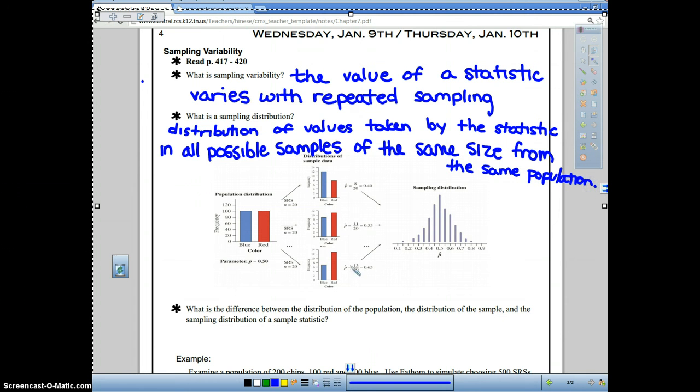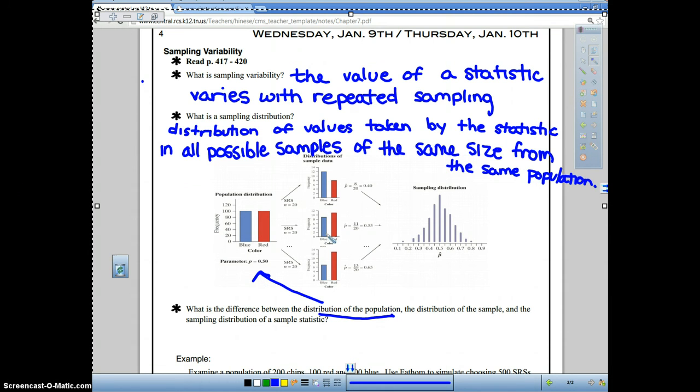This diagram here gives a perfect example of that. Here we have our population distribution of our 200 chips. Okay, this is a distribution that shows us what values the population can take. Each of these is a distribution of a sample. So if I take a sample of 20, it might look like this.